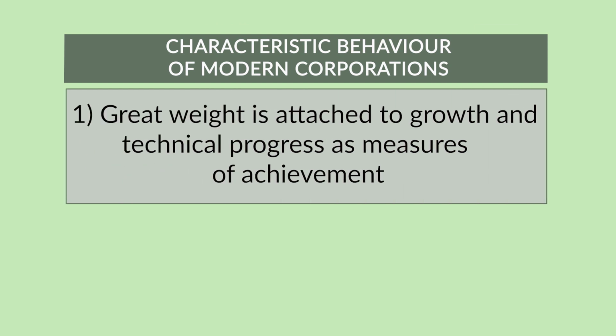Now, analyzing the character of the behavior of the modern corporation, firstly, I would like to say that a great weight has been attached to growth and technical progress as a measure of achievement. Growth itself is important. The successful firm should be growing at least as fast as the growth of total output.